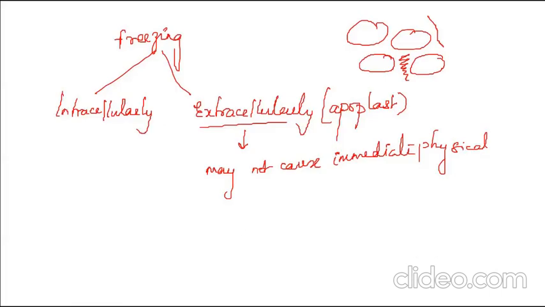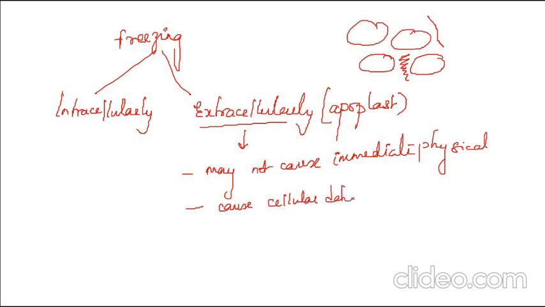So what we said is that this ice crystal formation can be inside the cell and outside the cell. Once the ice crystals are formed outside the cell, they may not cause immediate physical damage to the cell. These ice crystals are formed at first extracellularly, then intracellularly. When they are formed in the extracellular region, they cause cellular dehydration.